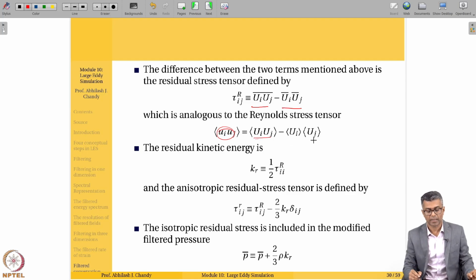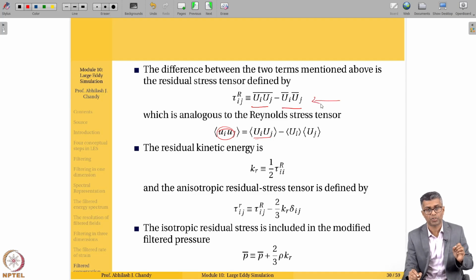Now let's define what is called the residual kinetic energy, and let's call that Kr, which is equal to half tau_ii^R. Tau_ij^R is defined here, and that is your residual stress tensor.